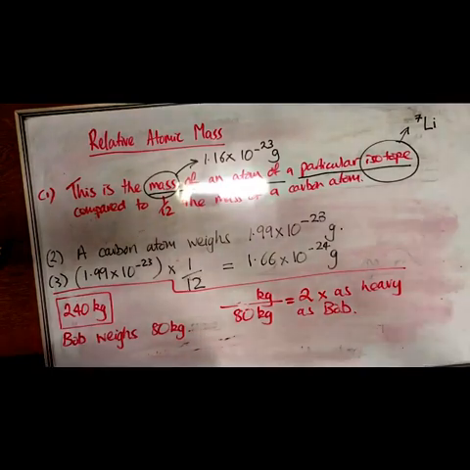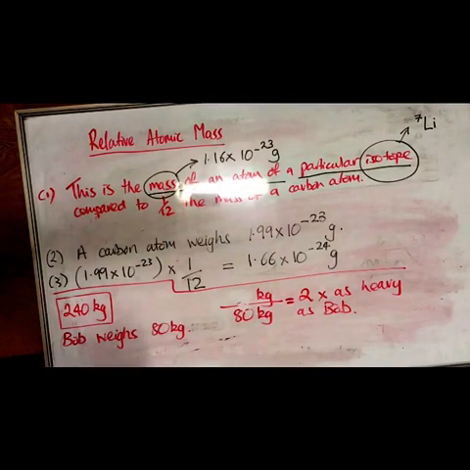Okay, so let's say this time we have a person who weighs 240 kilos, and we want to work out the relative mass of this unknown person. We always have to compare against Bob because that's what we've chosen arbitrarily. We could have chosen anyone, but we've just decided to choose Bob.